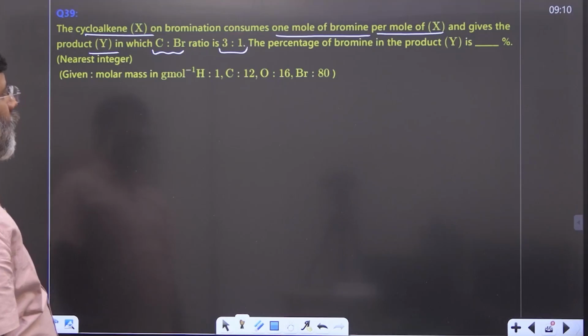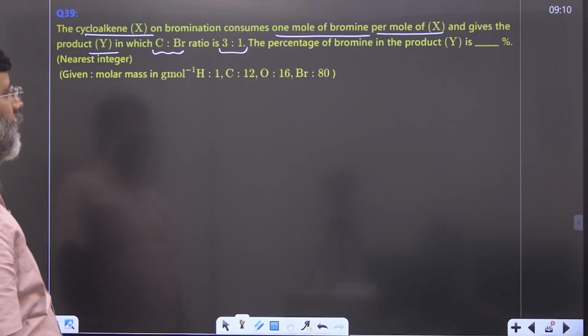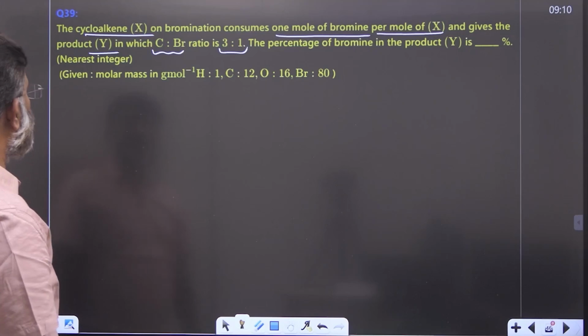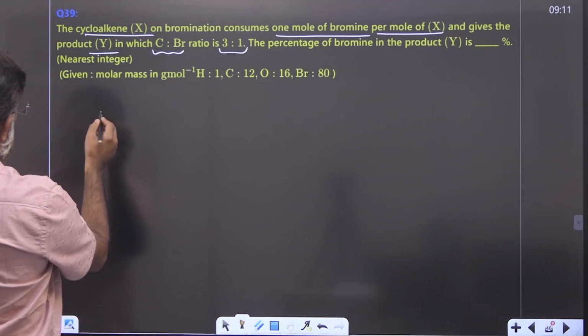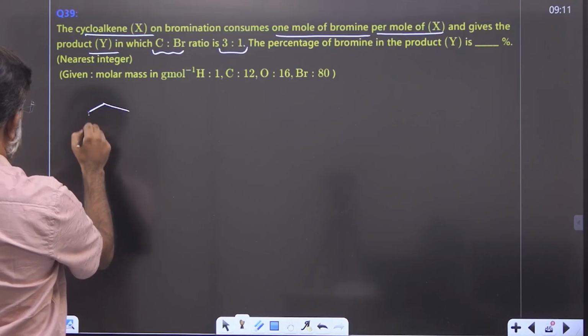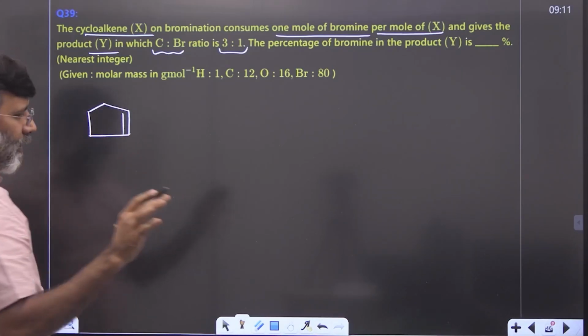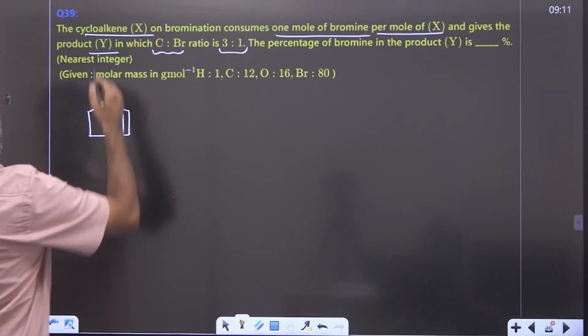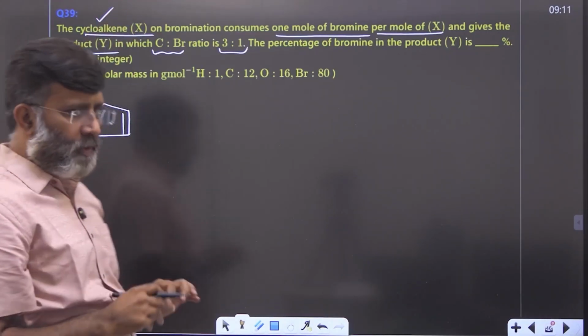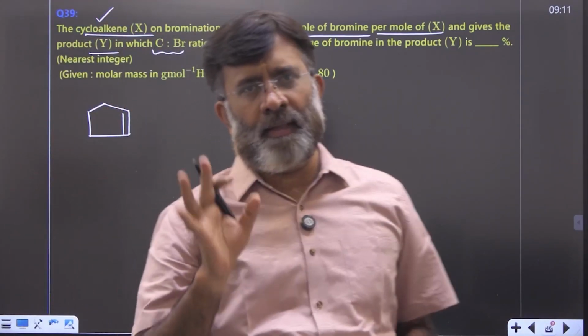What is the percentage of bromine in the product? You see, for any alkene you take, suppose I am taking cyclopentene, for example. We don't know which alkene we are taking; it is a cycloalkene that we know.